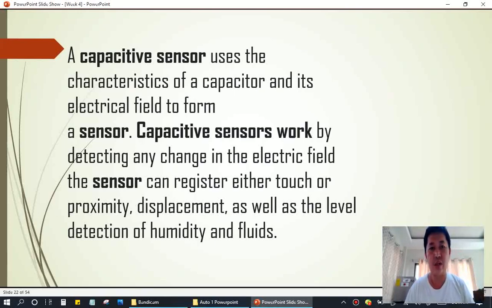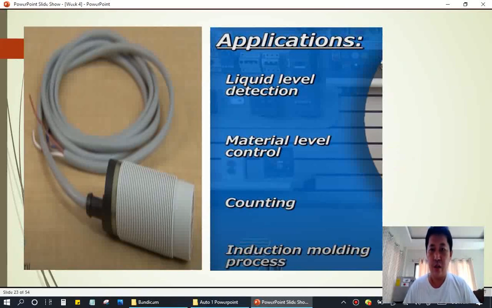So that is one example of a capacitive sensor: your touchscreen smartphone and your tablet. So here on board the ship, we have a wired capacitive sensor.